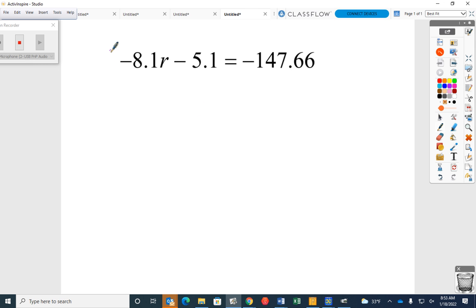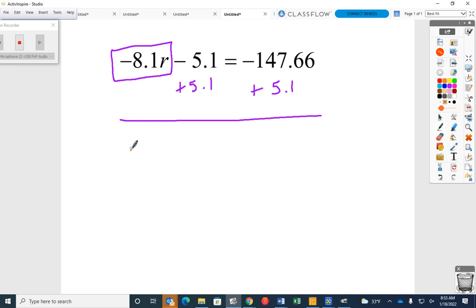How many of you did this to start with? Then, when you did that, how many of you did this? Negative 152. And how many of you did 8 or 6?